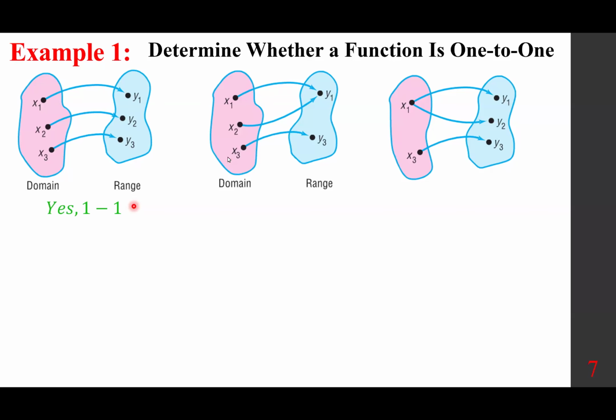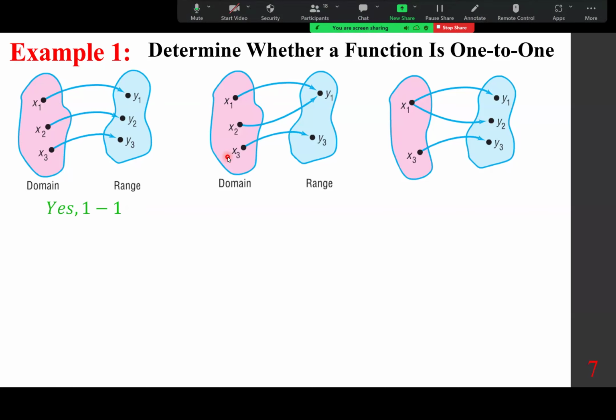In this case, the y coordinate y sub 1 repeats, with x sub 1, y sub 1 and x sub 2, y sub 1. So no. Okay, so you can write this pair, and you can write this pair, x sub 1 comma y sub 1.